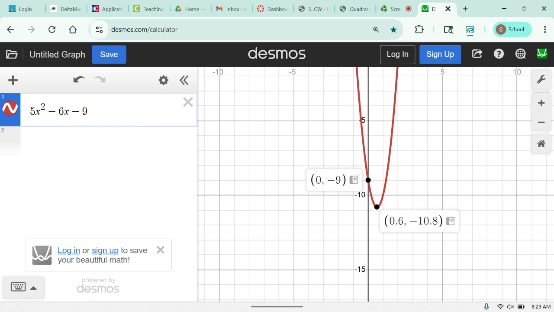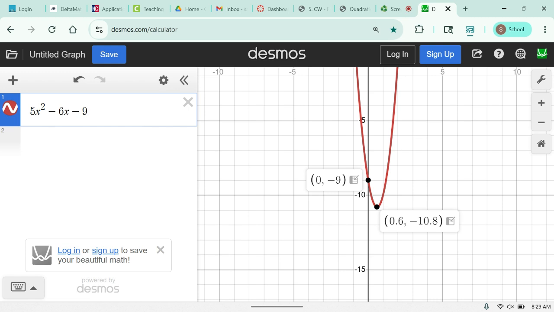All right, so that's why I said if you see decimals, it's okay. So what'd you get for the axis of symmetry, Olivia? X equals 0.6. Good.